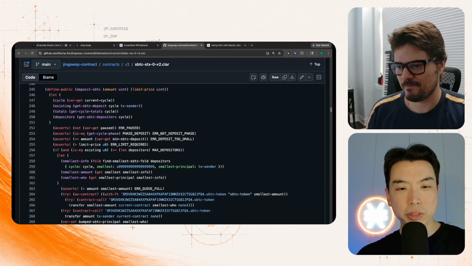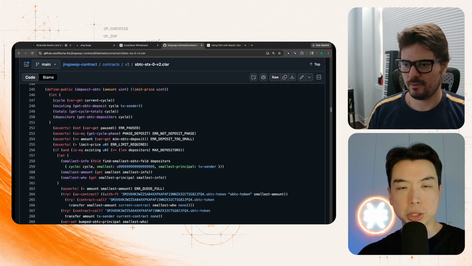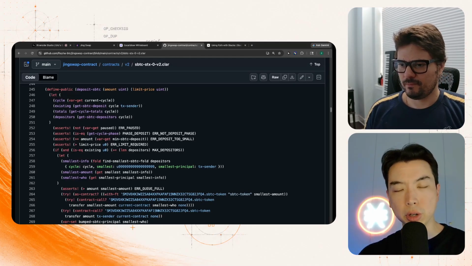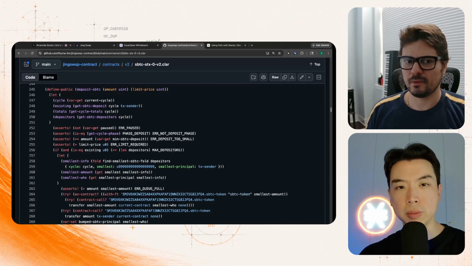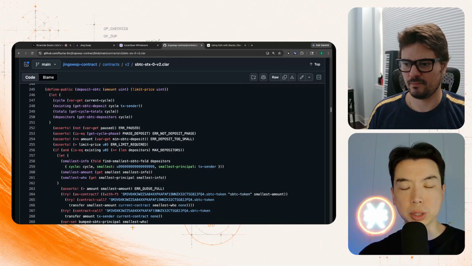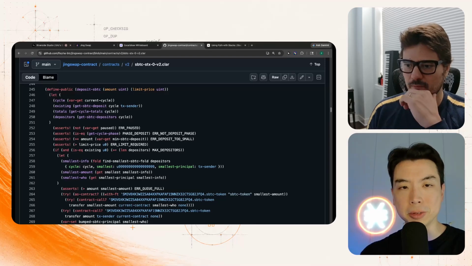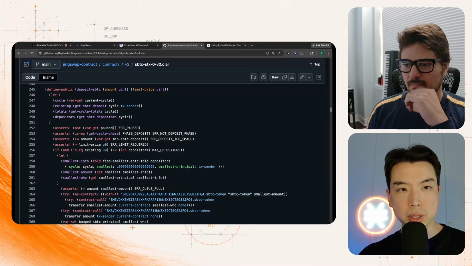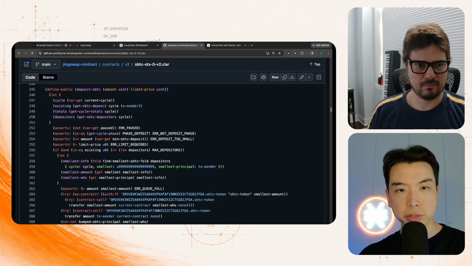Now, on the note of being crucial and paying attention to details, let's go through the deposit flow first, right? This is obviously when a user initiates a swap. They're going to be transferring their asset to somewhere, essentially depositing it to this contract. So here is this function for depositing.